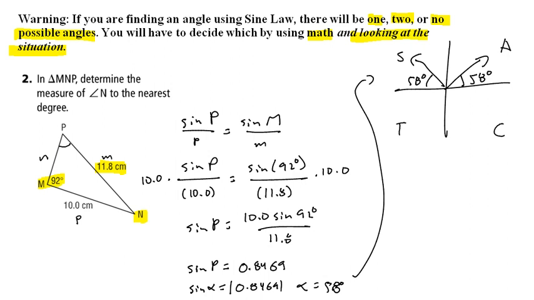So, angle P is either going to be 58 degrees, or angle P is going to be 180 minus 58 degrees, which is 122 degrees.